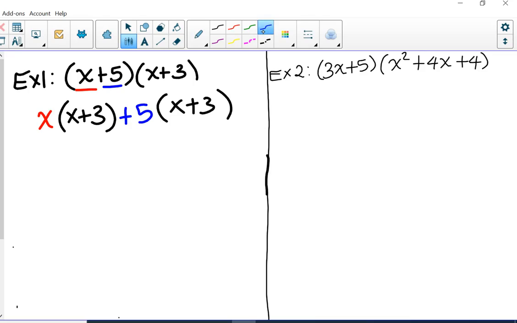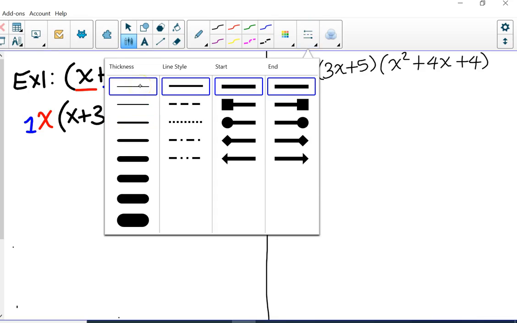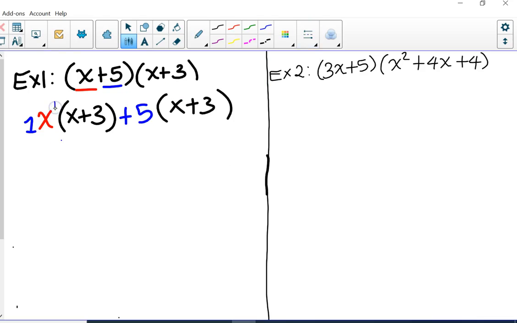If it's just 1x, it has a coefficient of 1 and an invisible 1 in the exponent. I like to especially focus on the exponents so I remember to add them. So I'm going to do the sub-step of writing x to the 1, x to the 1. You're free to also put your 1 for your coefficient as well.